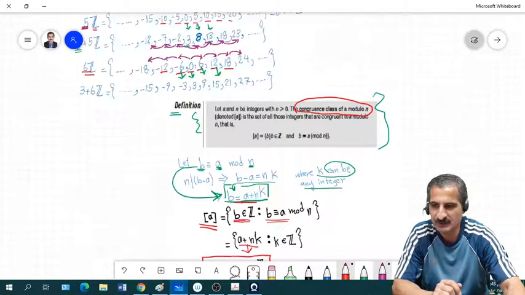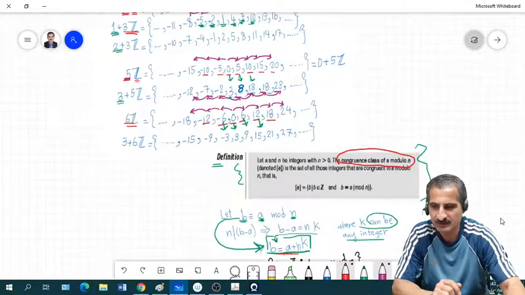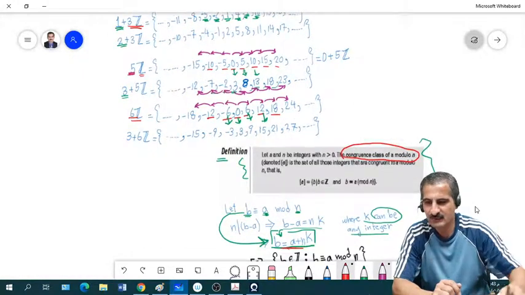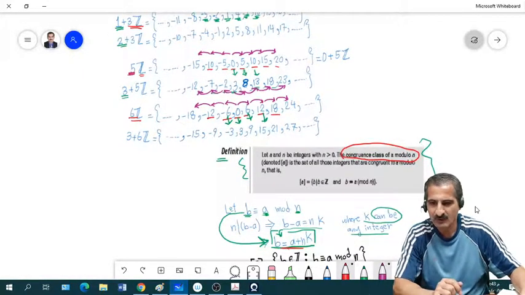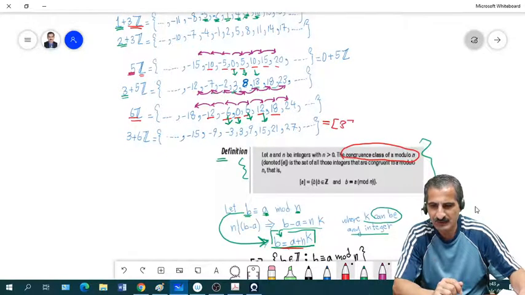And actually, if you go back here, this will be the equivalence class of 3 modulo 6, and this is the equivalence class of 3 modulo 5.